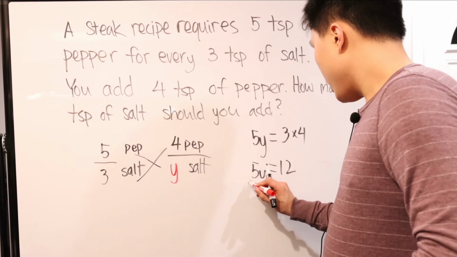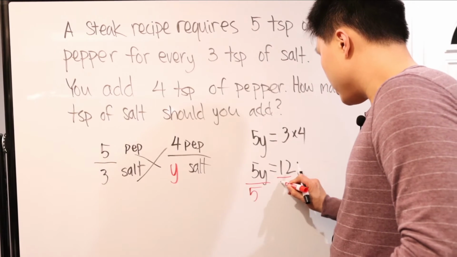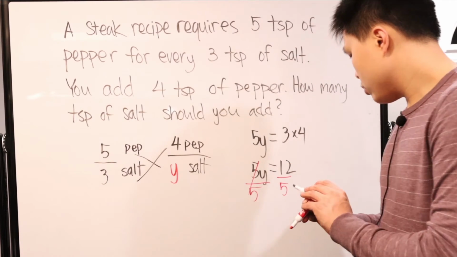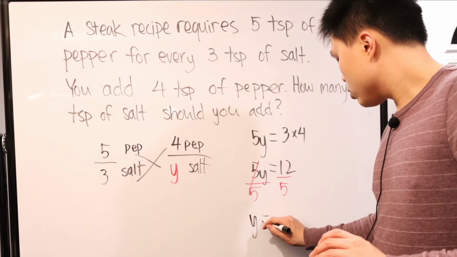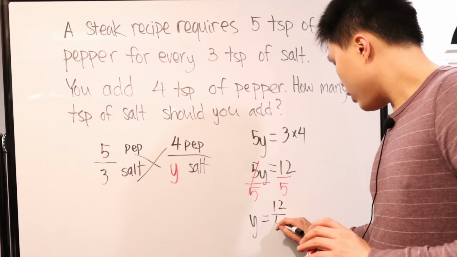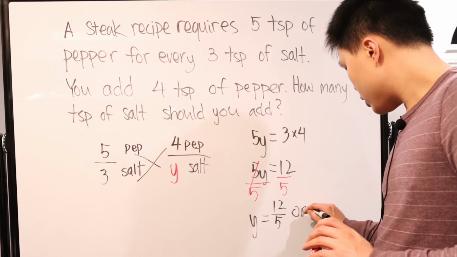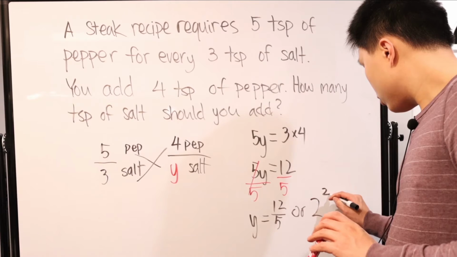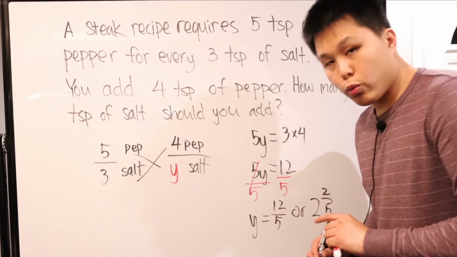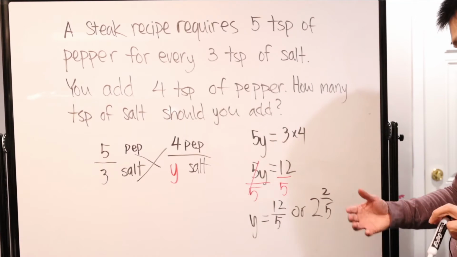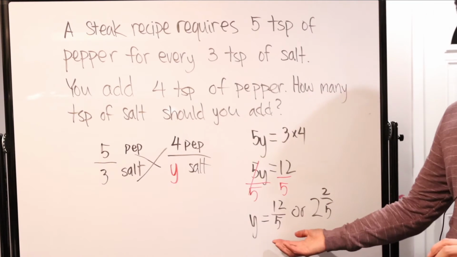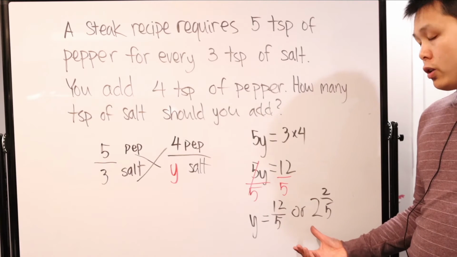We want to solve for y. We divide by 5 on both sides. This 5 cancels. Y equals 12 over 5, or what is that? 2 and 2 over 5. So we have basically a mixed fraction or an improper fraction, whichever one you want, right?